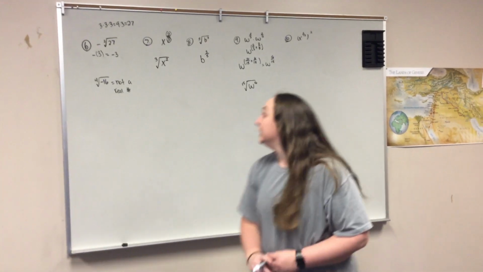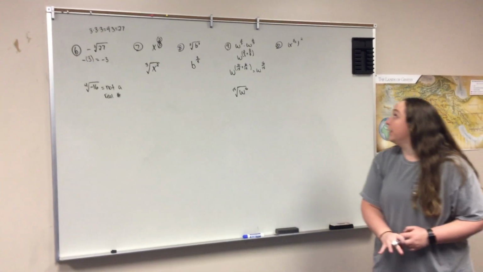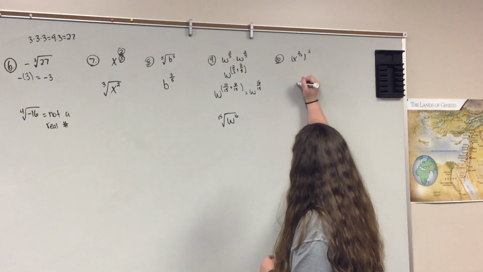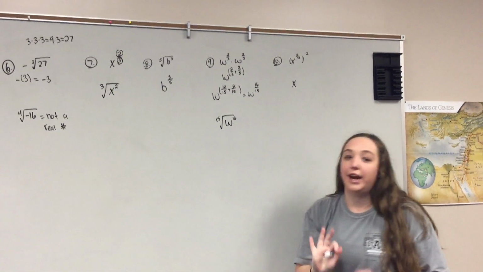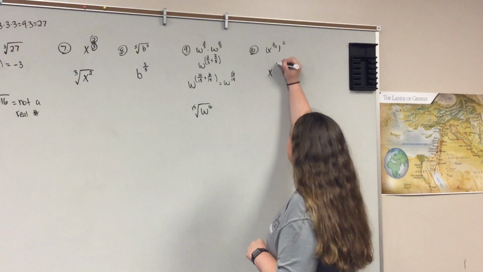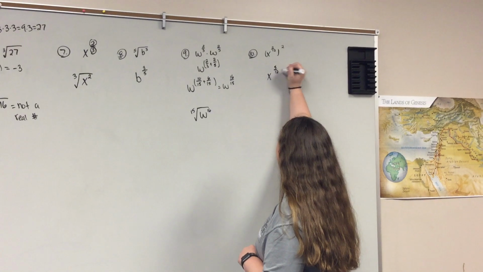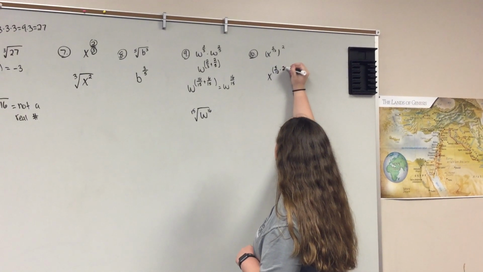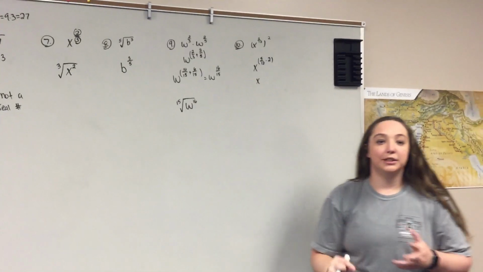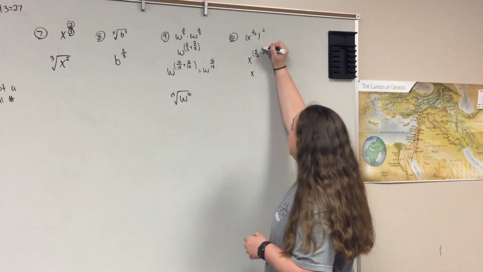So moving on to number 10, we're going to have x raised to 5/12, and that's going to be multiplied by 2. So this is similar to 8-1, where you multiply the two exponents. So we're going to have 5/12 times 2. When we're multiplying a fraction, we just multiply the numerator.